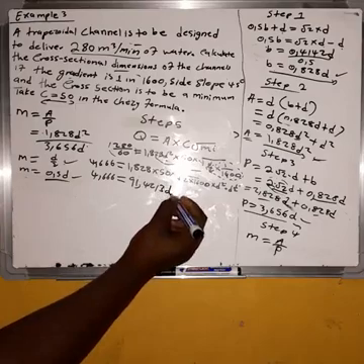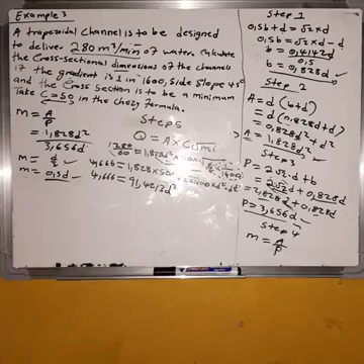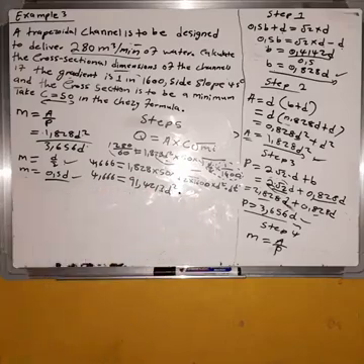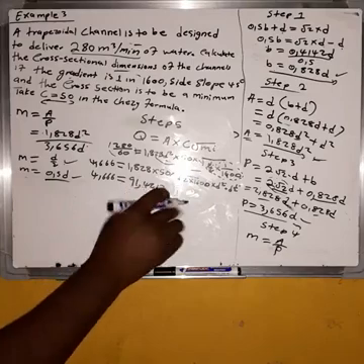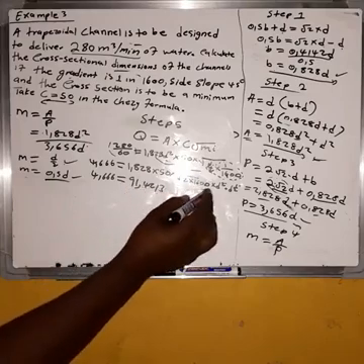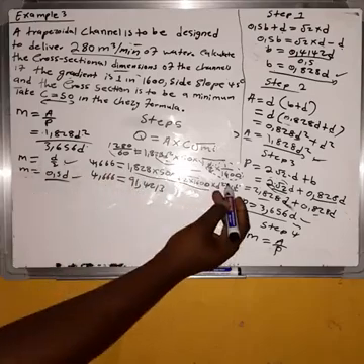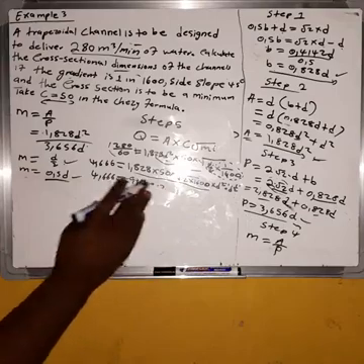Three. This is squared. You know what? Just multiply this as I wrote them. Multiply this one, you add the exponents there.